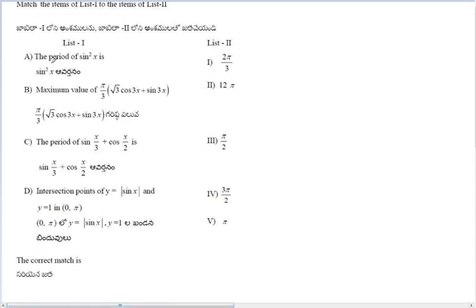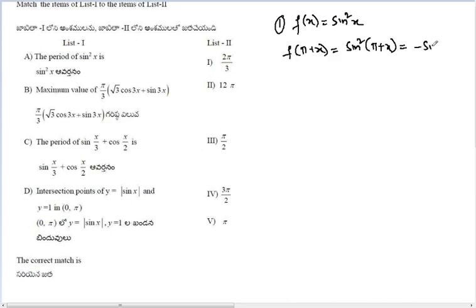Here is asking, first question is the period of sin square x. Period of sin square x, that means first take f of x is equal to sin square x. f of pi plus x is equal to sin square of pi plus x. That means sin square of 180 plus theta lies in third quadrant.